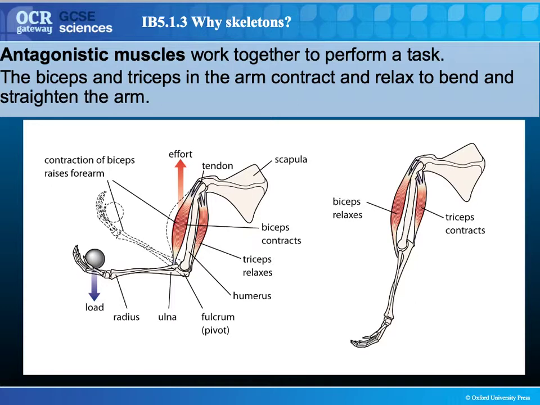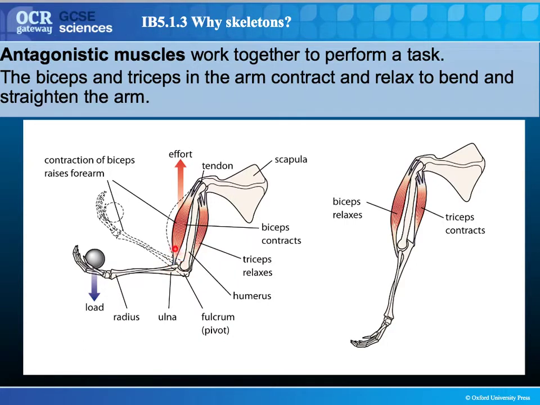When the arm is bent, as seen here, the bicep muscle contracts. The tricep muscle at the back of the arm relaxes. As the bicep contracts, the tendon of the muscle is attached to the radius of the forearm.